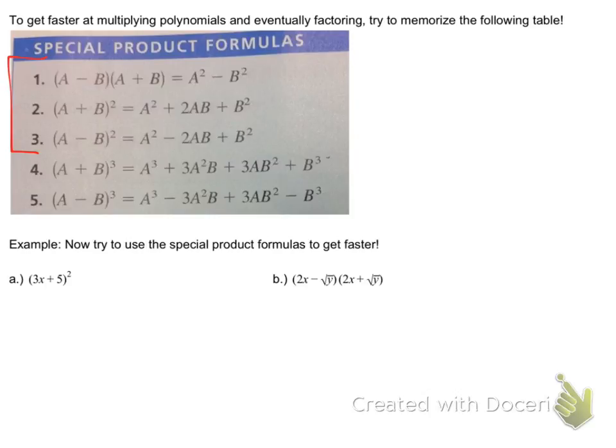The second one is when you're squaring a binomial, which ends up leading to a perfect square trinomial. It always ends up being a squared, the first term squared, plus 2 times the middles, the a and b, plus b squared. And the cool thing is that you don't really have to remember the third one.